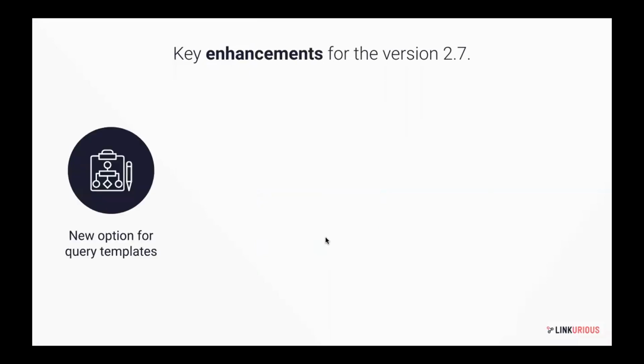First, we have developed a new version of the query template. For those of you that might not be familiar with the query template, it's a feature in Linkurious Enterprise that gives you the ability to create queries with a node variable. They can be saved and run by any user from a single right click on the node in the investigation interface.